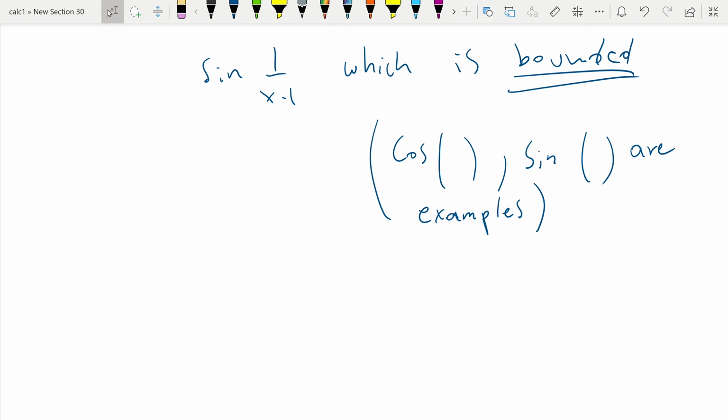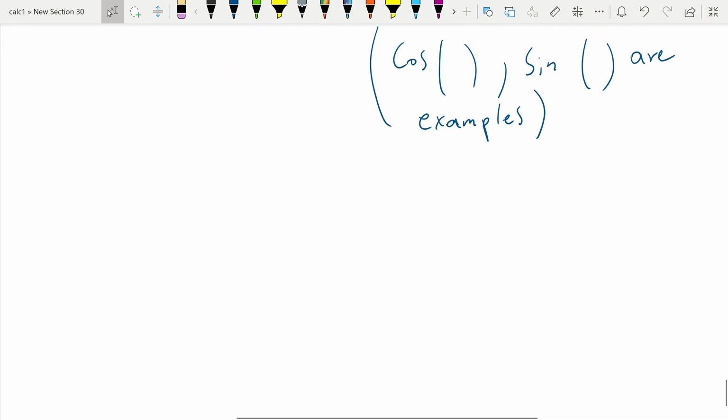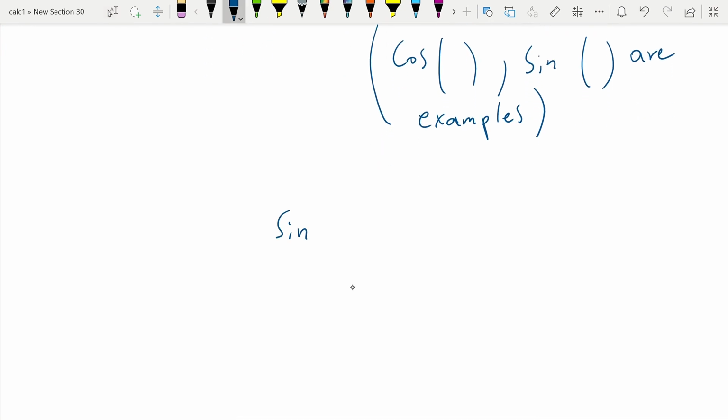Okay, so once you recognize that, you can always say that the absolute value of sine of 1 over x minus 1 is always less than or equal to 1.